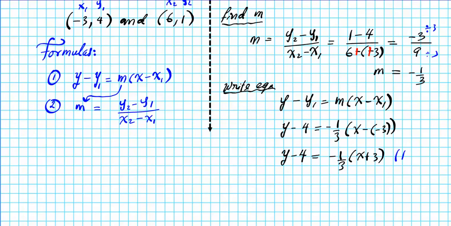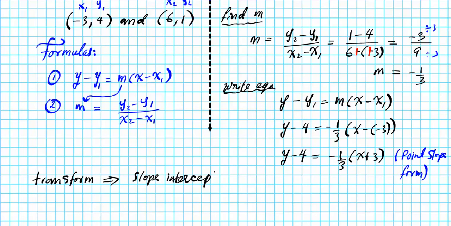This is the point-slope form, which matches Sue's. Now we're going to transform it into the slope-intercept form. When you transform an equation, it's the same thing, it just looks different.